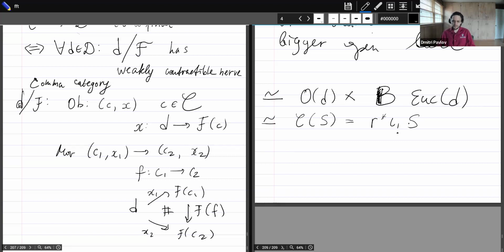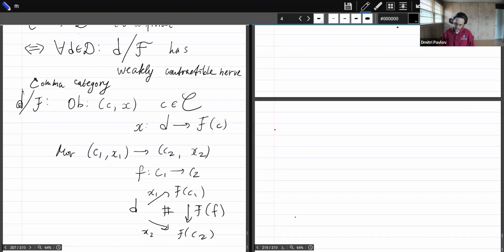What's the point of this computation? Well, the point of this computation is the following consequence, which I'm going to write on this page.